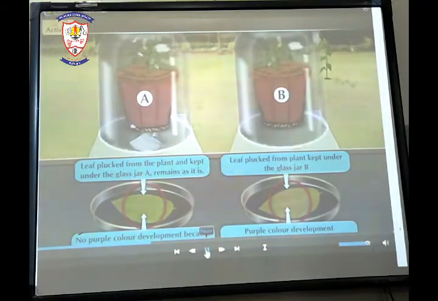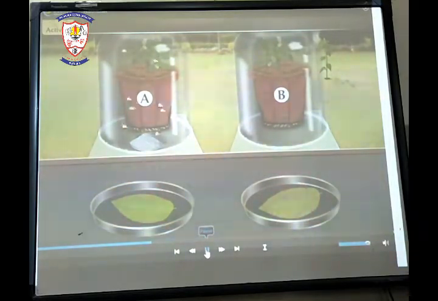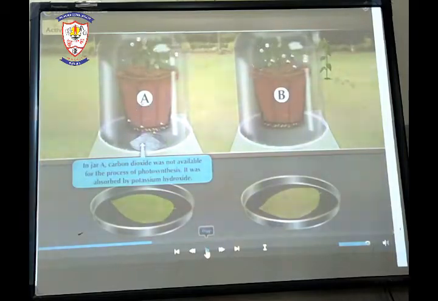So, which indicates the formation of starch, and we conclude that in jar A, carbon dioxide was not available for the process of photosynthesis, and it was absorbed by the potassium hydroxide as we have kept near it.